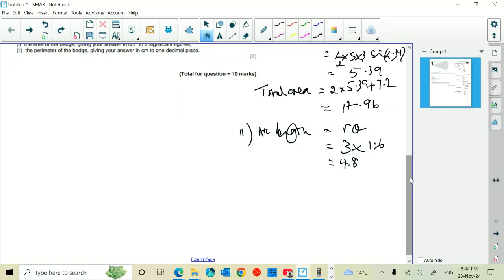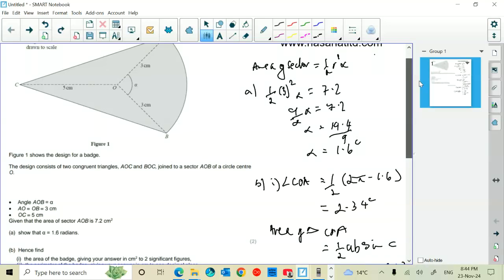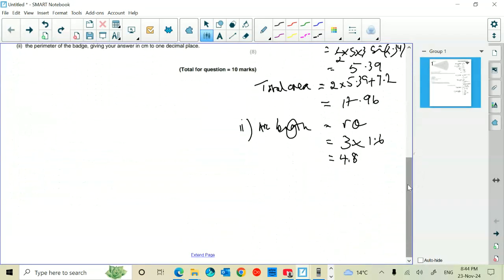Now, we need to use the cosine rule twice because we have two congruent triangles. So using the cosine rule, which is a squared is equal to b squared plus c squared minus 2bc cos A, and I can use AC squared because that is in fact what our triangle is equal to, 2 lots.